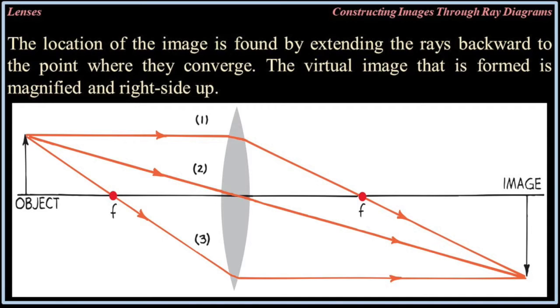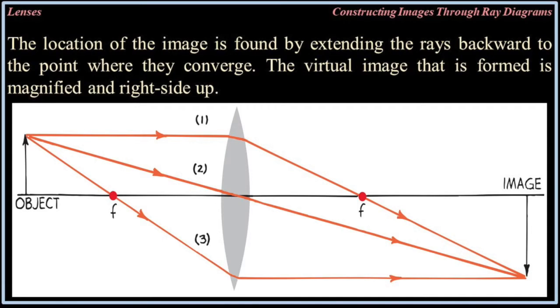The path of one refracted ray is known from the definition of the focal point. A ray parallel to the principal axis will be refracted by the lens to the focal point as shown in figure 30.8. Another path is known through the center of the lens where the faces are parallel to each other. A ray of light will pass through the center with no appreciable change in direction.